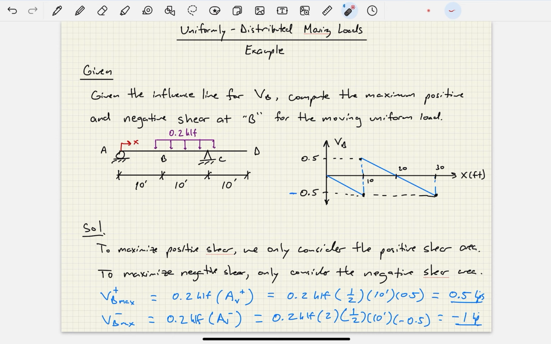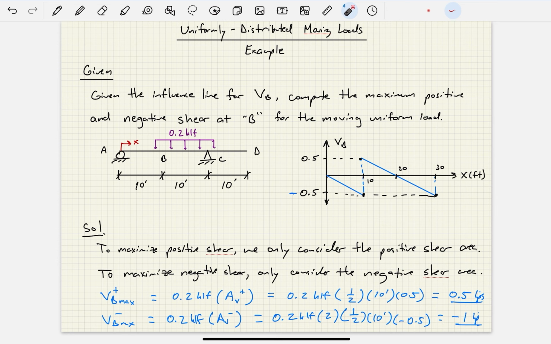What will maximize the positive shear force would be if this uniform load ends up only distributed over this domain right here. That's what will maximize the positive shear force at this point B. What will cause the absolute maximum negative shear?